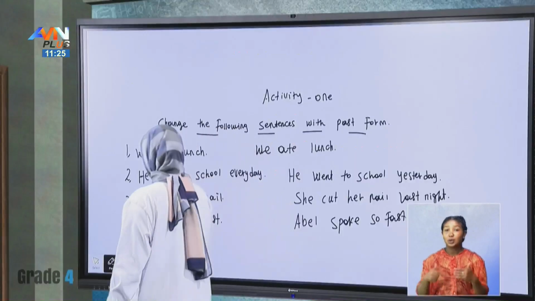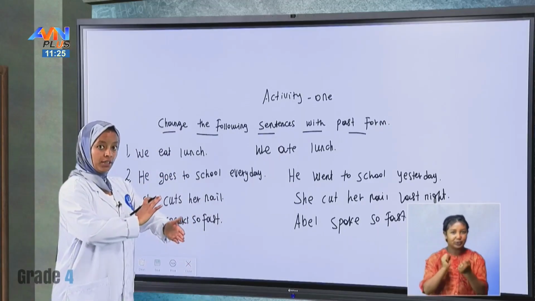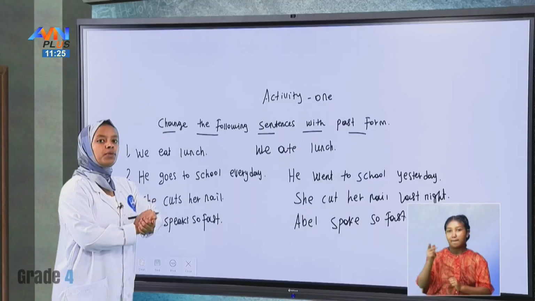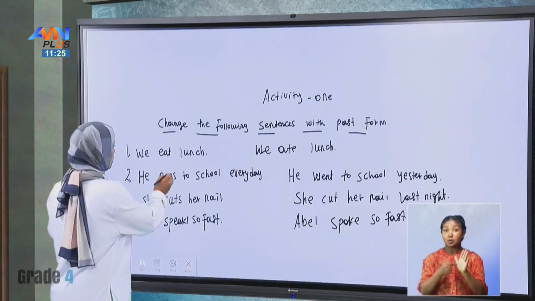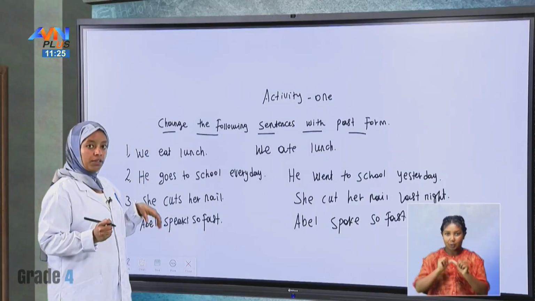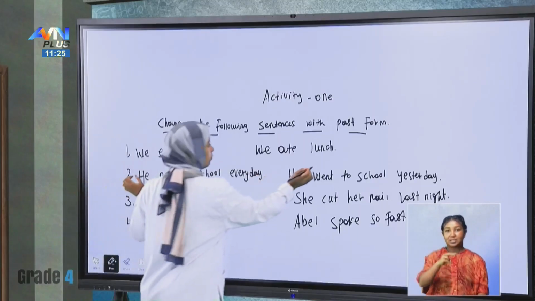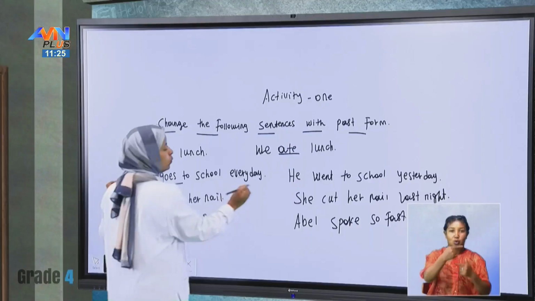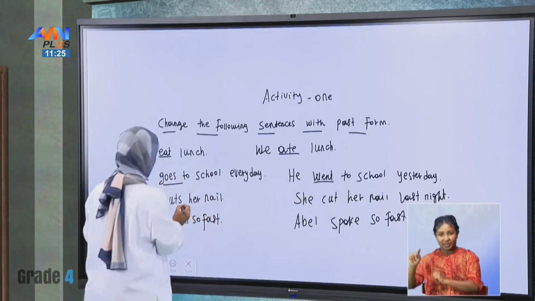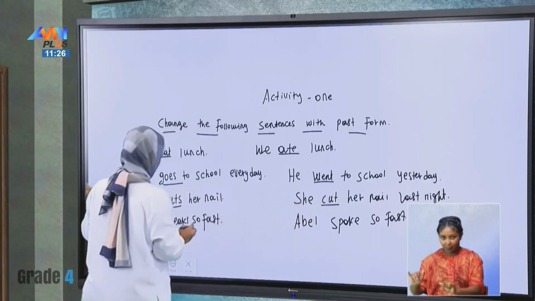So, students, look these examples and how we are changing with past forms. I hope you all understand and enjoy your lesson. So, let me show you one thing before continuing activity 2. Here is verbs here. Eat, changing with ate. Here is goes with went. Here is cut. Here is also cut. Here is speaks.